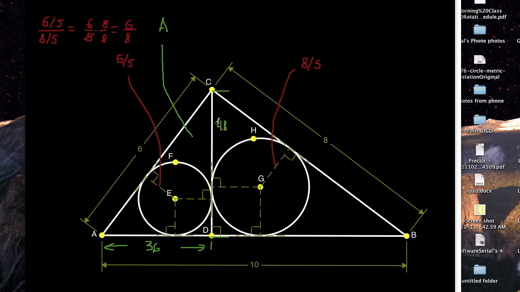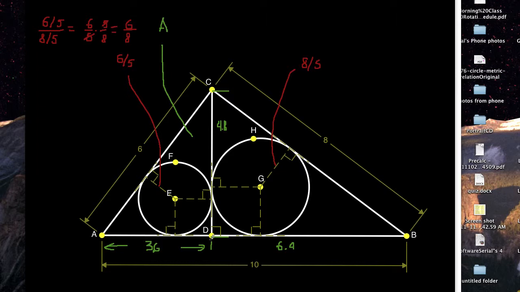Now, if this line is 3.6, this becomes 10 minus 3.6, which is 6.4. So this line is 6.4.